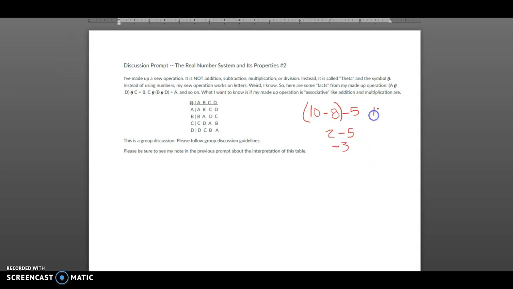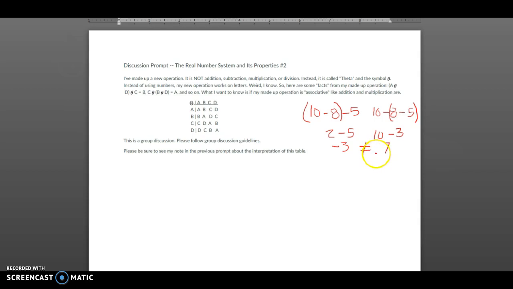All right, let's try it the other way. 10 minus 8 minus 5. This time I'm going to do that second subtraction first. So 8 minus 5 is 3. 10 minus 3 is 7. I don't get the same answer. And since I don't get the same answer, subtraction is not associative.